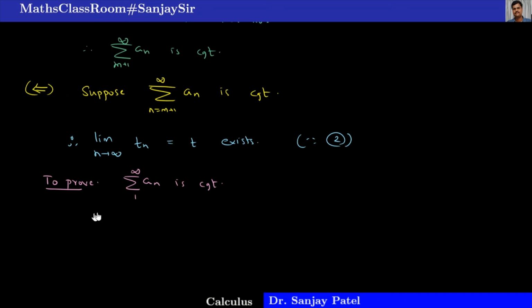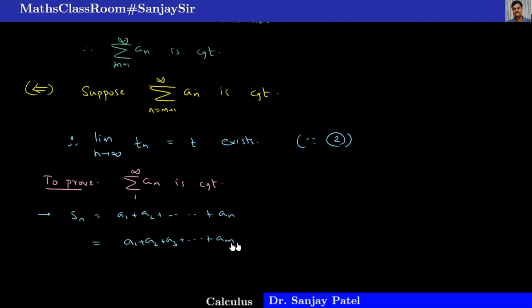Okay, for that you should consider the sum of the first n terms, that is the partial sum sequence, as follows. We have Sn is equal to a1 plus a2 plus a3 and so on up to an. Okay, this I can write as a1 plus a2 plus a3 and so on.